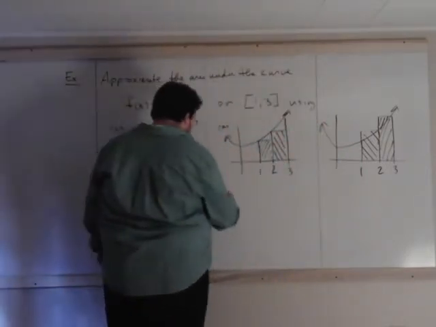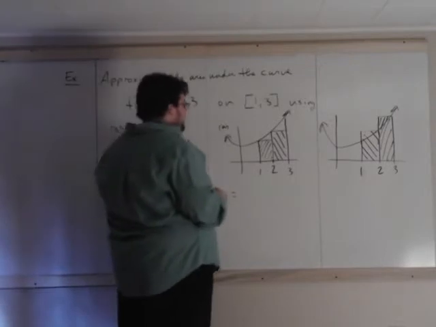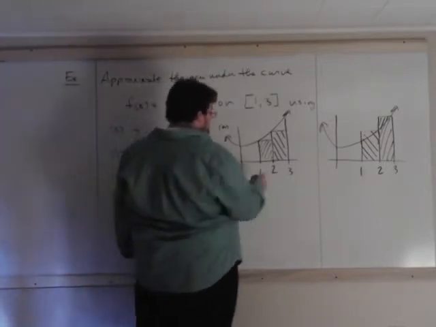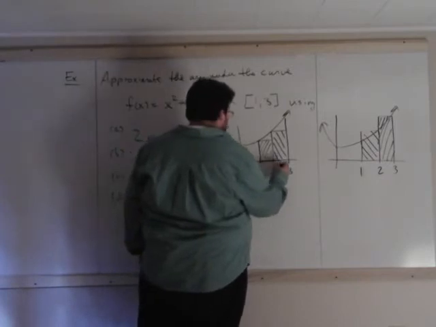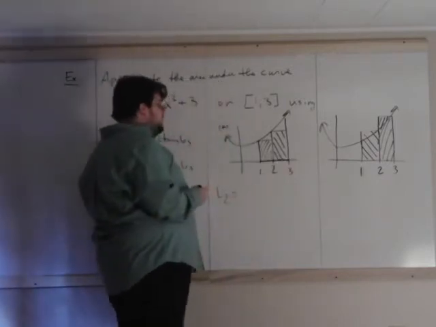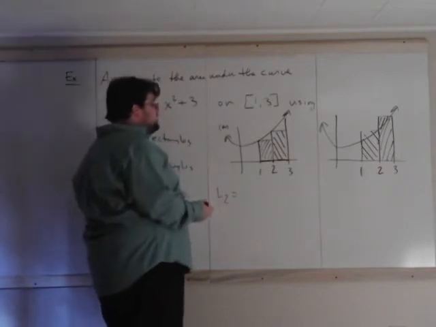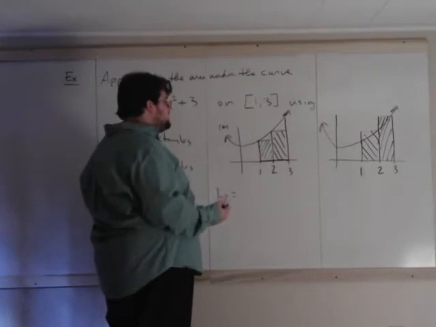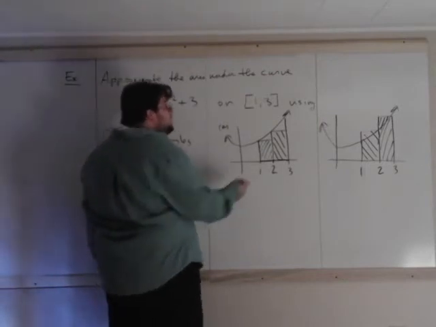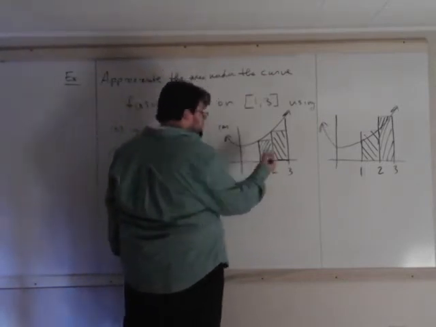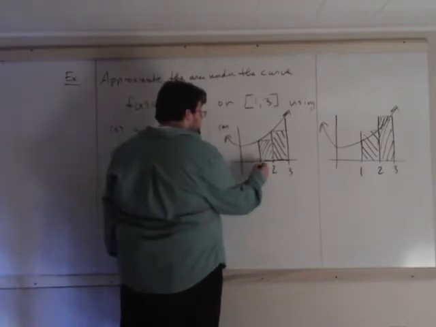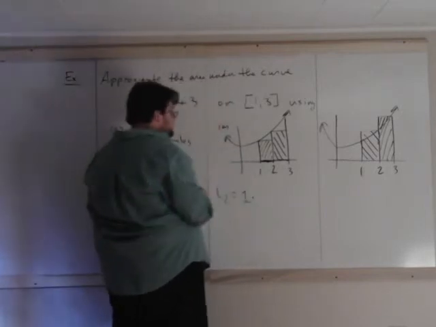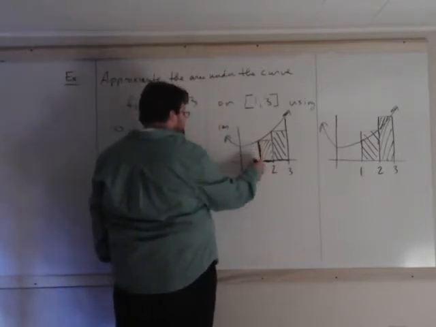So here we have L2 equals, well, how can we find this? The first thing we did when we set these up was ensure that the 2 bases were the same. Well, let's write out the areas of the 2 rectangles separately and then make an observation. The area of the first rectangle, base times height. The base has length 1. So 1 times what? Times the height. Well, what's the height of the rectangle?